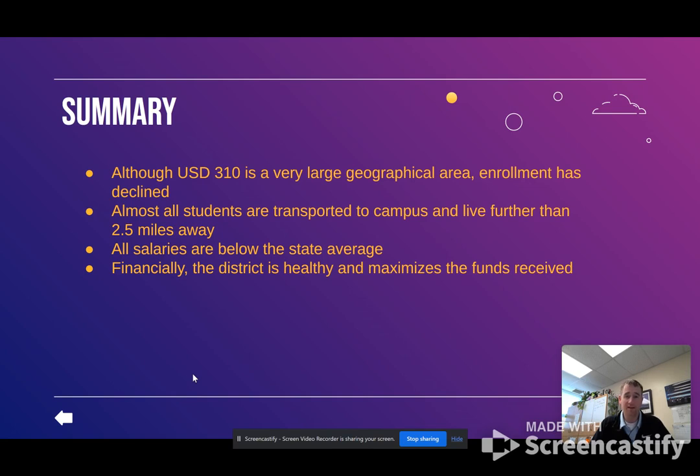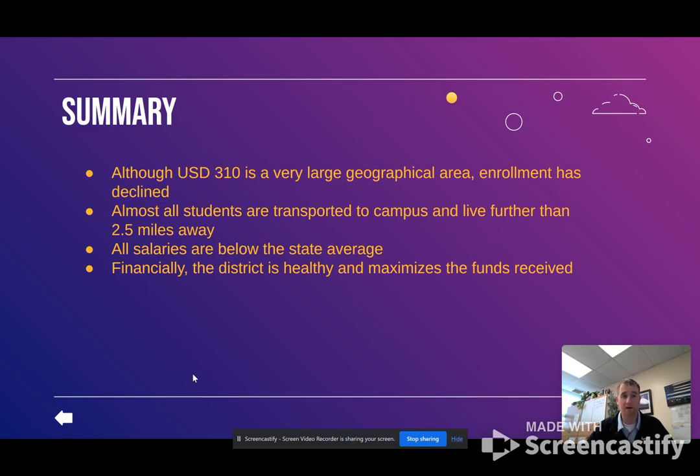So enrollment has declined in the past 20 years, a lot of that, and similar in all very rural districts that used to have many small town or small family farms all over the place, and now those are going kind of by the wayside, and if you don't own a lot of land, it's going to be hard to function in the area. So a lot of families have moved out.